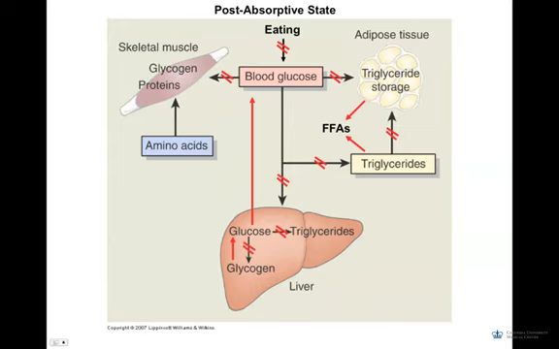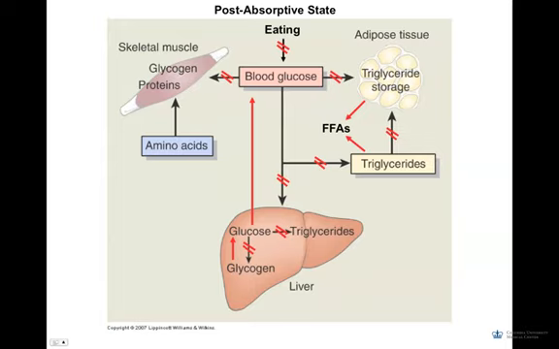Now, what happens alternatively is that the liver does two things during the post-absorptive state to help support blood glucose levels. The liver is going to break down its glycogen stores and release that glucose into the blood. And it's also, if need be, going to take up amino acids in circulation, lactic acid in circulation, and other forms of energy substrate.